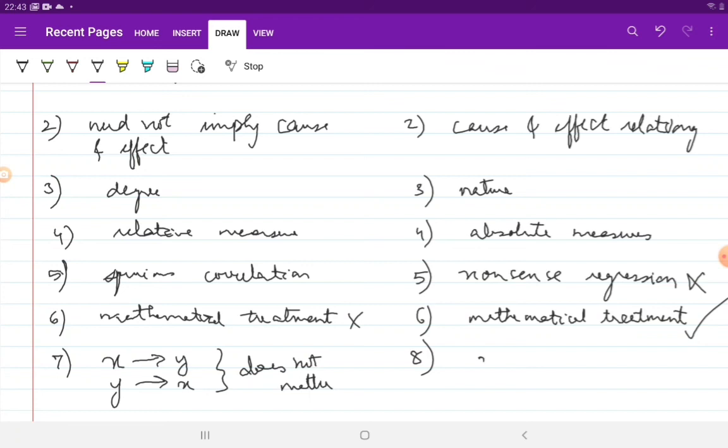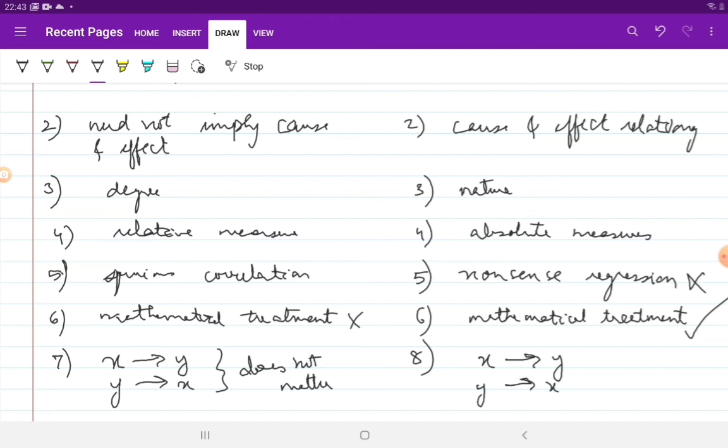So whether it is changes in x that is affecting y or whether it is changes in y that affects x is very important and means very different things. So we have to be clear as to which variable has to be treated as the independent variable and which variable has to be treated as a dependent variable.